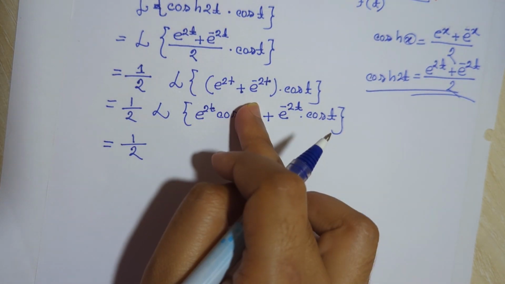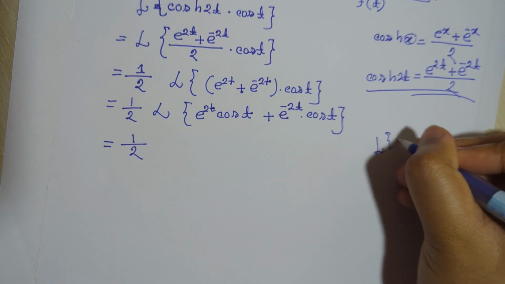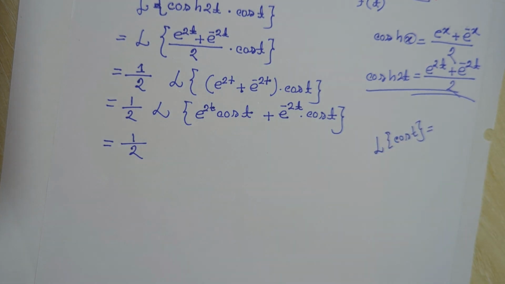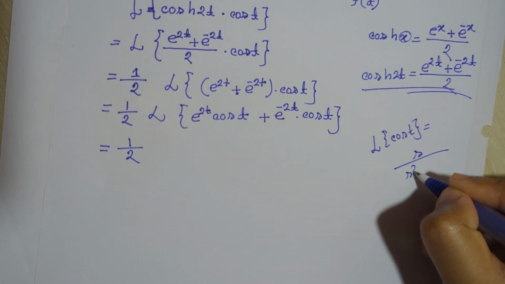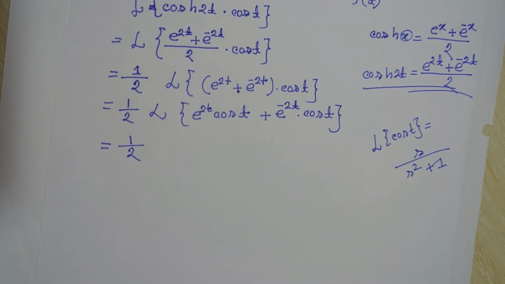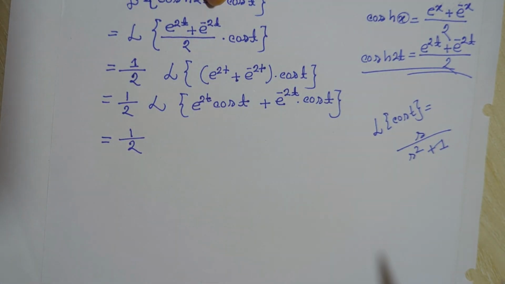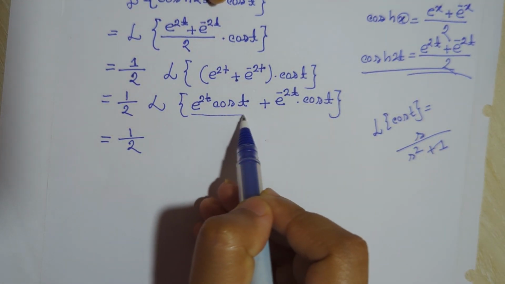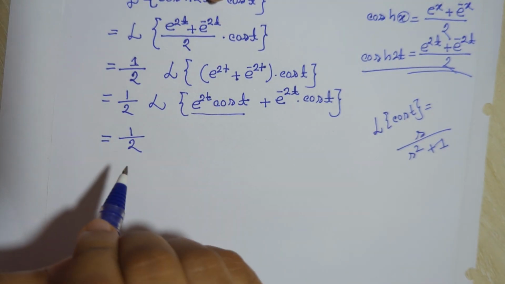For this first term, at first we have to remember the Laplace transform of cos t. What is the Laplace transform of the cos t function? This is s divided by s square plus 1, which we have already seen in the previous video. So using this, we will write the answer of each term using the first shifting property. Here, what is the constant term?